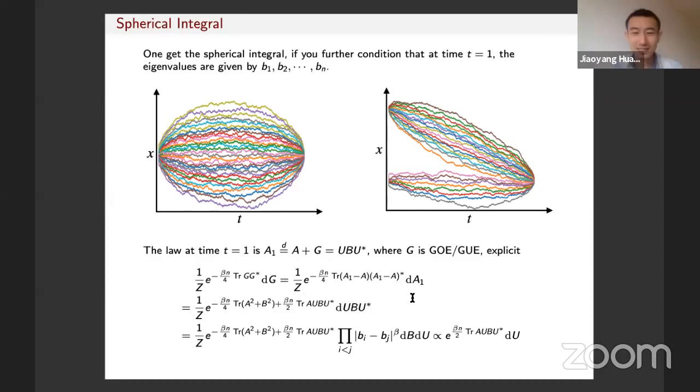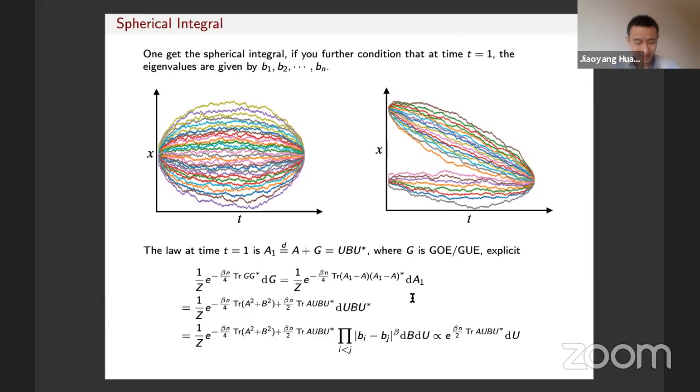So do you mean consider UA1U star plus UA2U star plus UA3U star? Exactly. So you just make multiple sums and you look at the path. This is a dynamic, right? Yes.